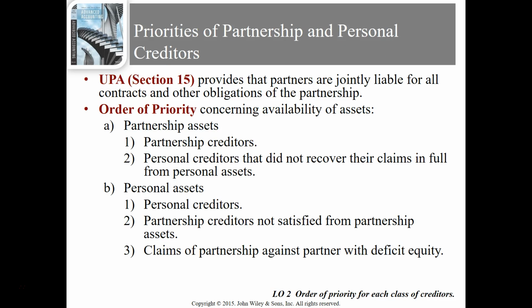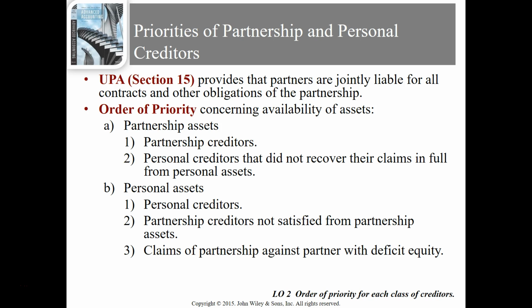Let's talk about priorities of partnership and personal creditors. Under the Uniform Partnership Act, partners are jointly liable for any and all contracts and other obligations of the partnership. There is an order concerning the availability of the assets.